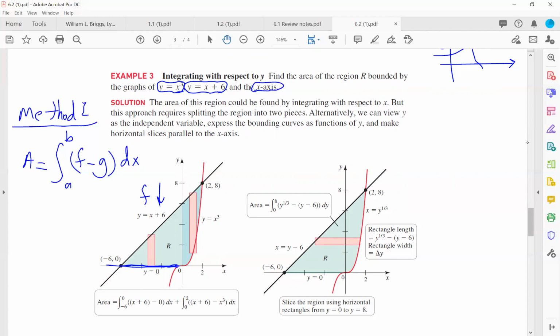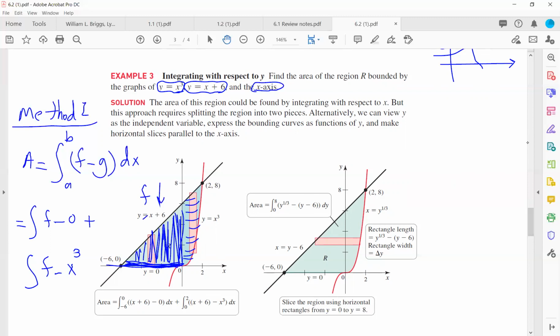This is function y equals 0. So it's equal to the integral of f minus 0 plus the integral of f minus x cubed. We have to calculate two integrals like in the previous example.